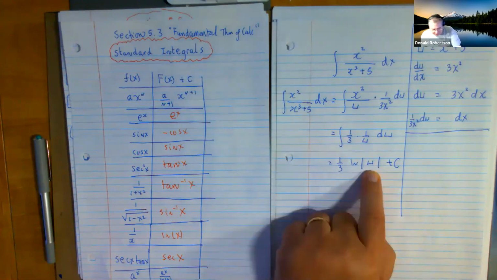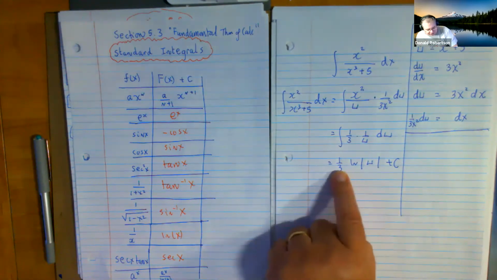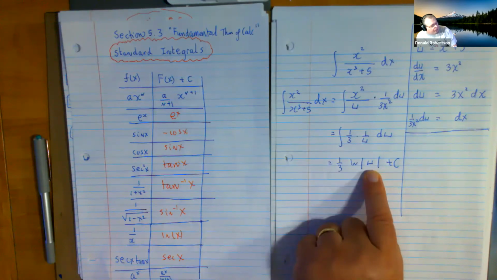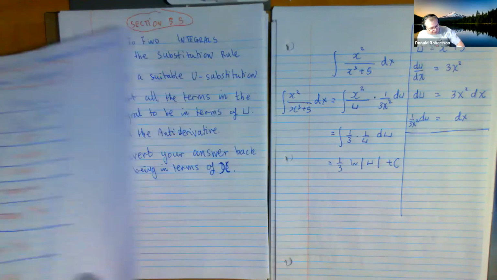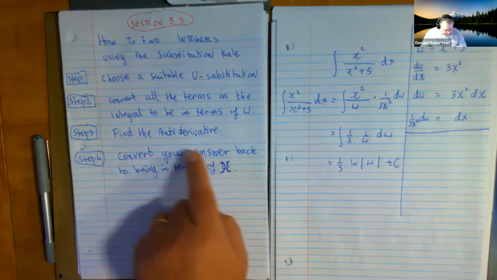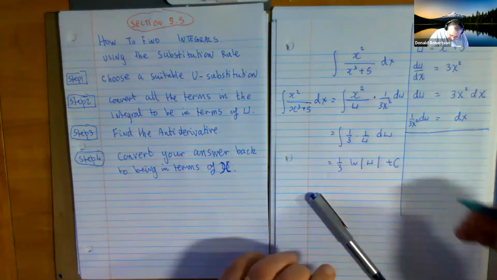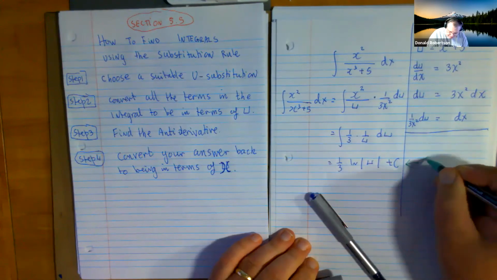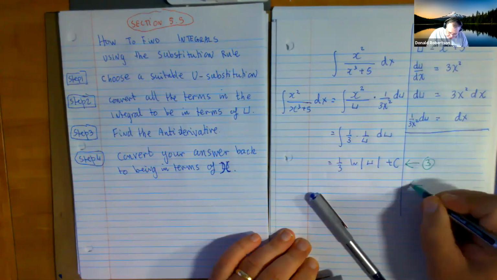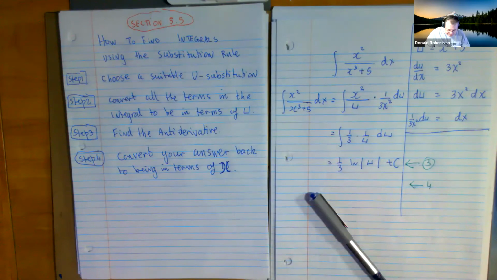Now, have you noticed that this is the answer to the antiderivative that we're after? But it's not in terms of what we want. Don't we want the answer to be in terms of x's? So what I call step 4 is now about to happen. This line here is basically step 3. So step 4 is convert your answer back into x's.